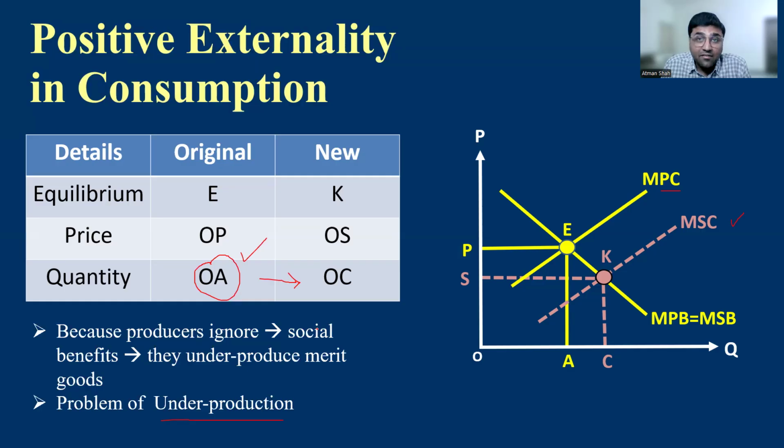When we have external benefits in production, the economy or market suffers from the problem of underproduction because external benefits are not considered when producers produce goods and services. They only consider their private marginal cost and not the external benefits. So that is the idea of positive externality in consumption and production.